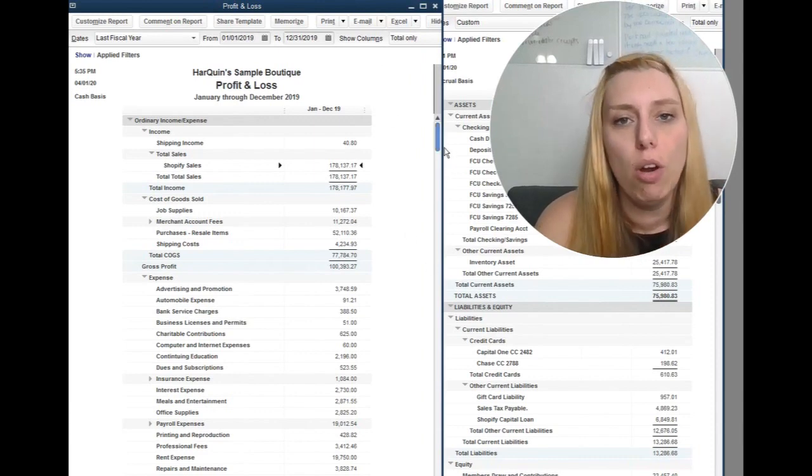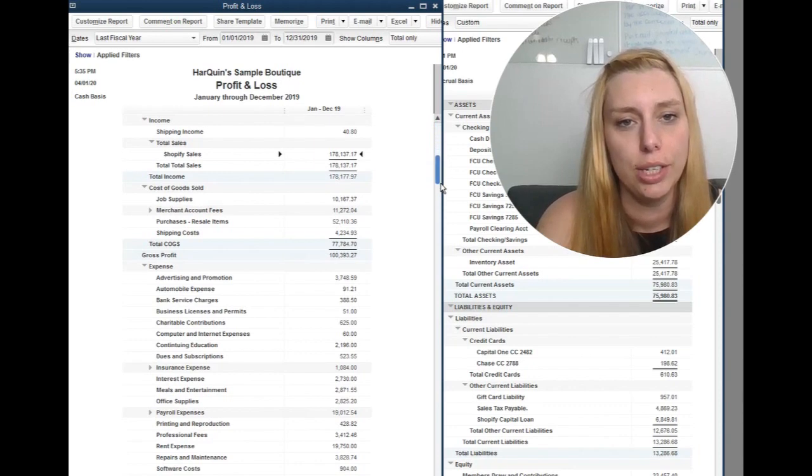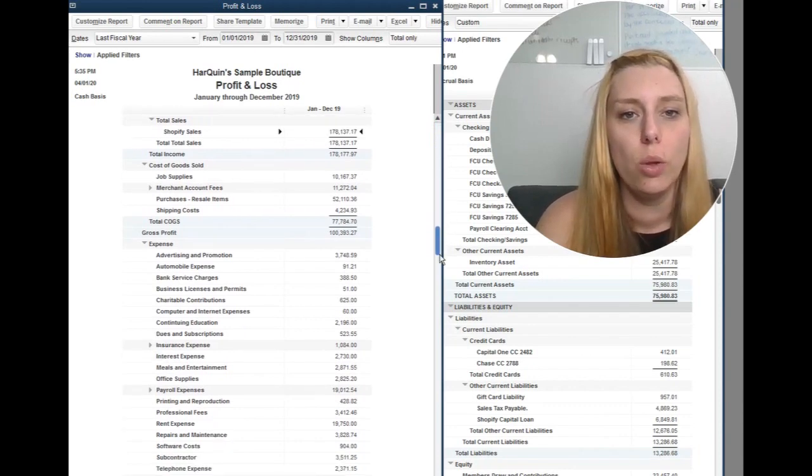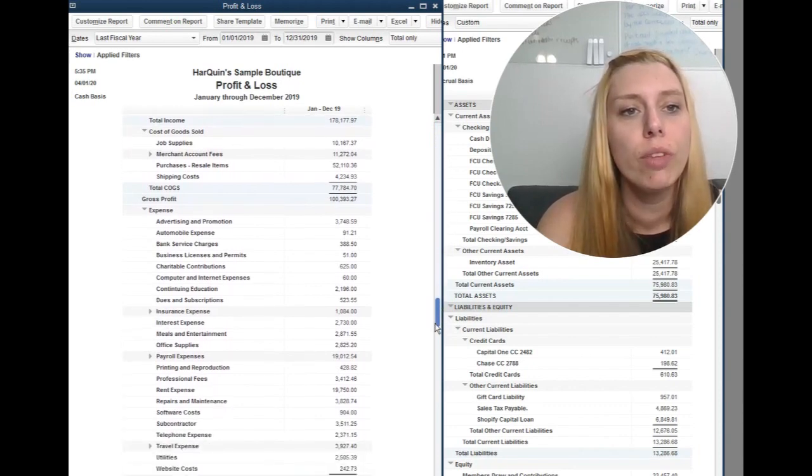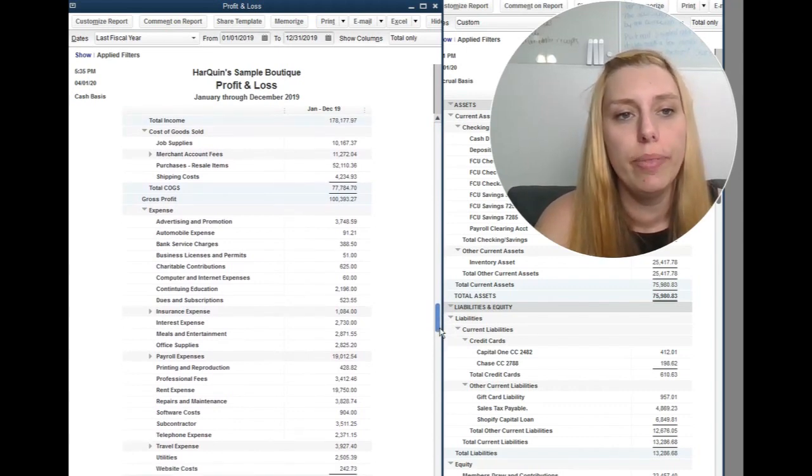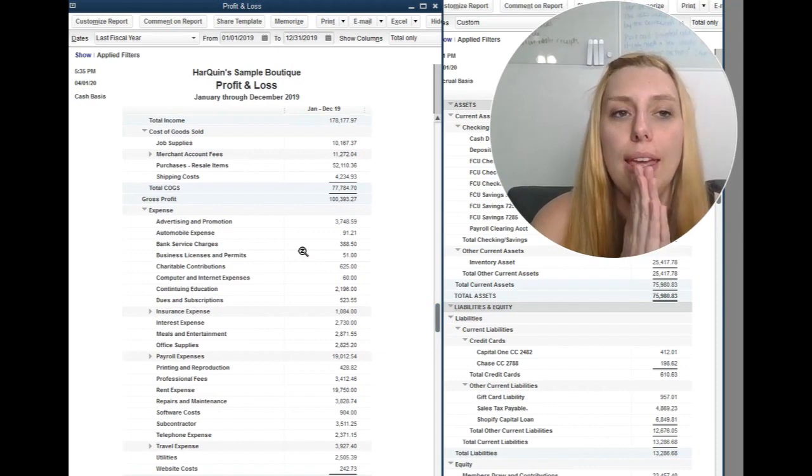All right, so we are still on the P&L. Cost of goods sold is the next section. What is cost of goods sold? For boutiques, cost of goods sold is pretty straightforward.